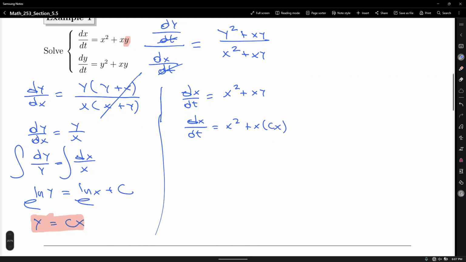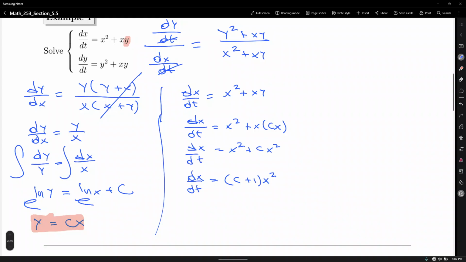And well, this is x squared plus cx squared, which in this case, factoring, dx dt equals, let me factor x squared, that'll be c plus 1 times x squared. And I know we could absorb the 1 with the c, but actually I'm going to leave it like this.